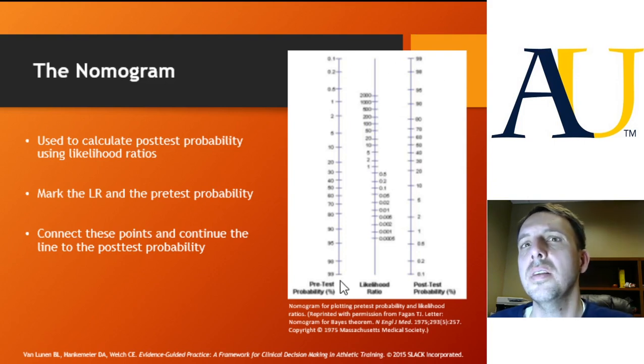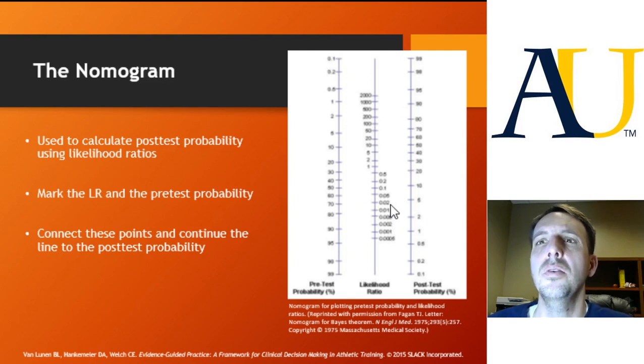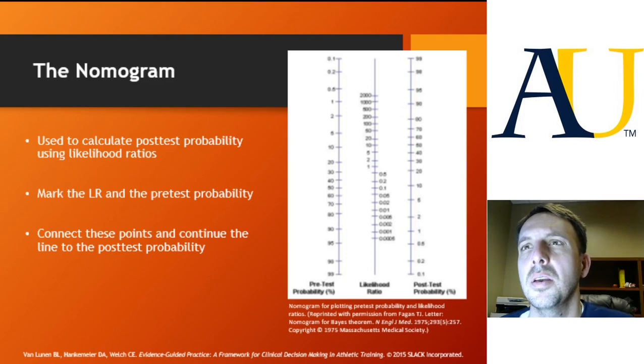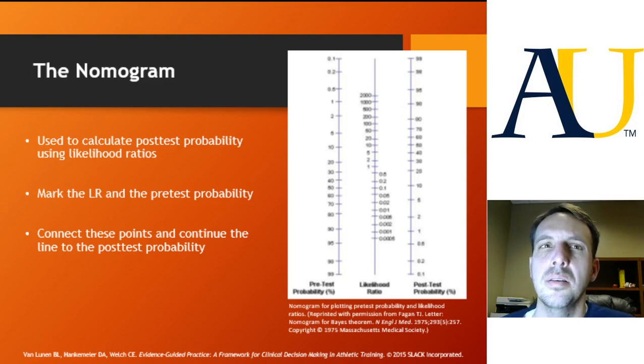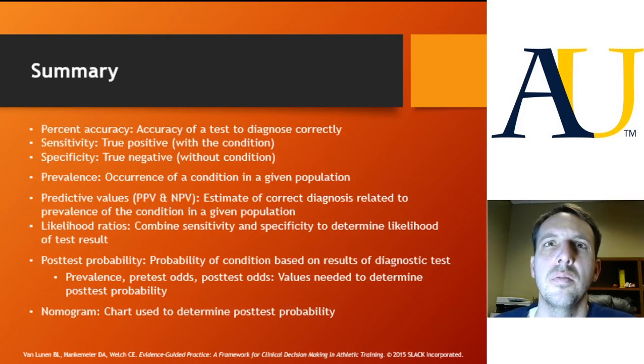You can see even if you start with a very low pretest probability, but a very high likelihood ratio, you can see how that would continue to increase your probability. And you can do this for each test over and over and over. And we'll see that when we look next time at clinical prediction rules.